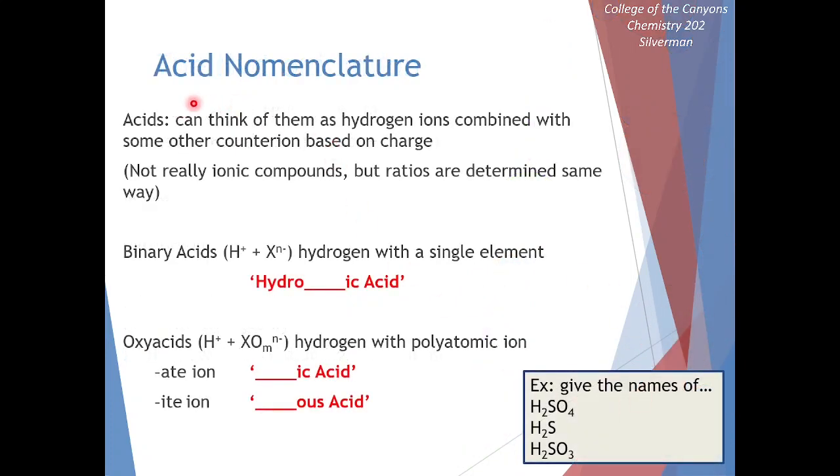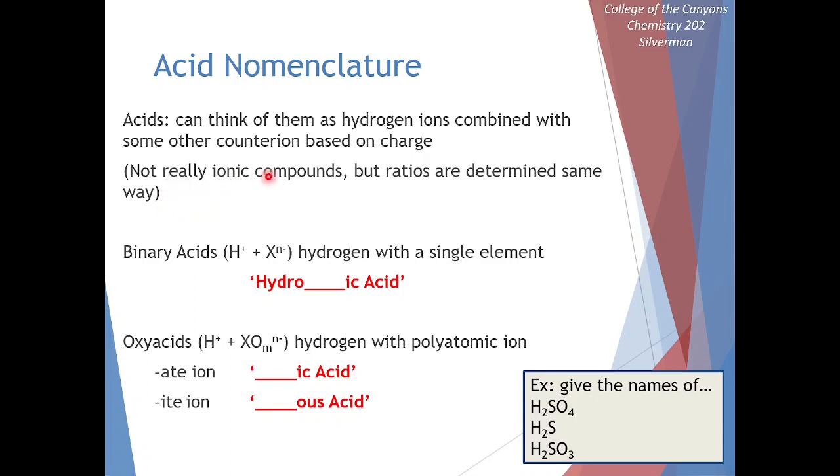We can have a quick review of acid nomenclature. For all of our compounds, we'd like to have a set of naming rules so that one chemical formula matches up with exactly one name. The way that we do this is we need to think about what our hydrogen is combining with to form our acid. These are molecular compounds, but they are built based on their charges like ionic compounds are.